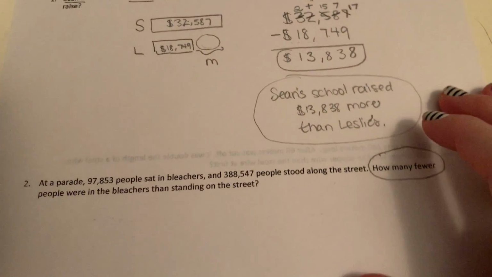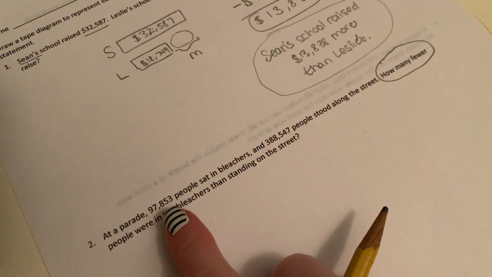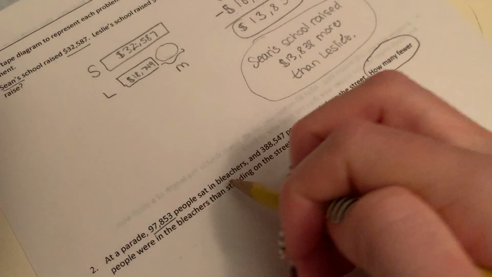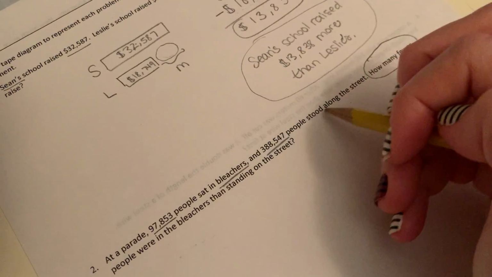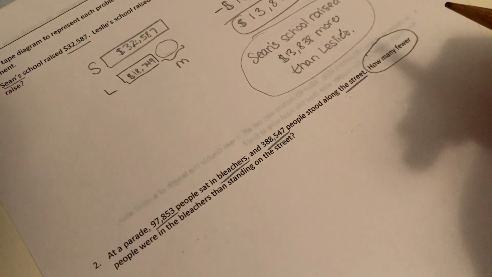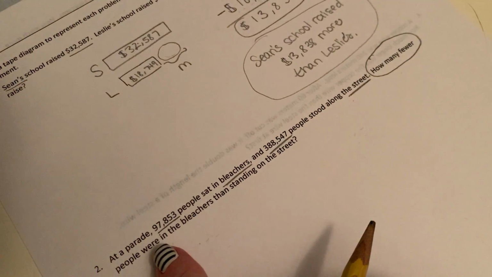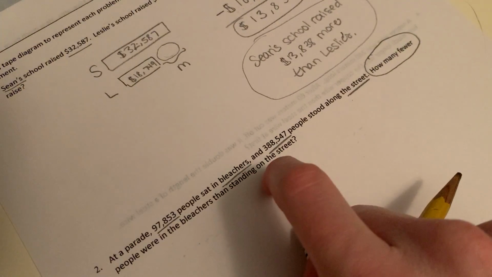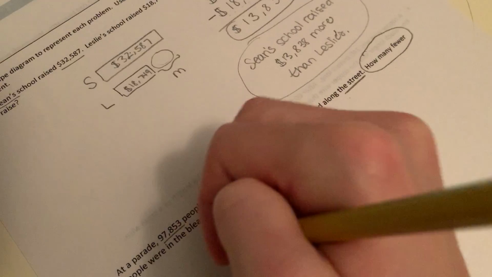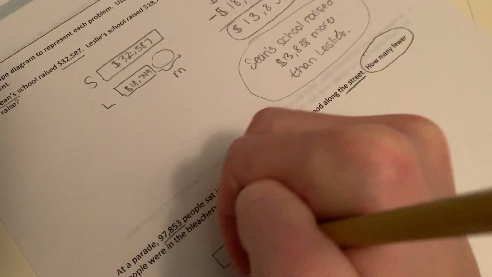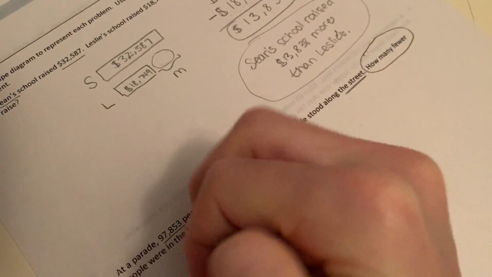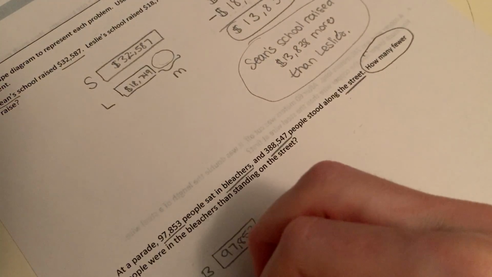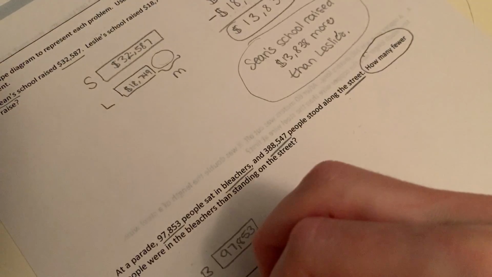All right, so at the parade, we know that there's 97,853 people on the bleachers. 388,547 were standing along the street. Okay, so we want to know how many fewer were in the bleachers than standing on the street. So I know that I had 97,853 on the bleachers, and then standing on the street I had a lot more.